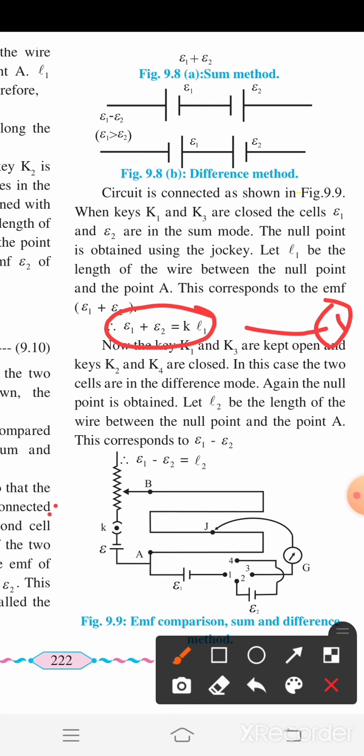This corresponds to the effective EMF E1 minus E2. And again by the principle of potentiometer, E1 minus E2 is equal to K L2. That is the second equation.